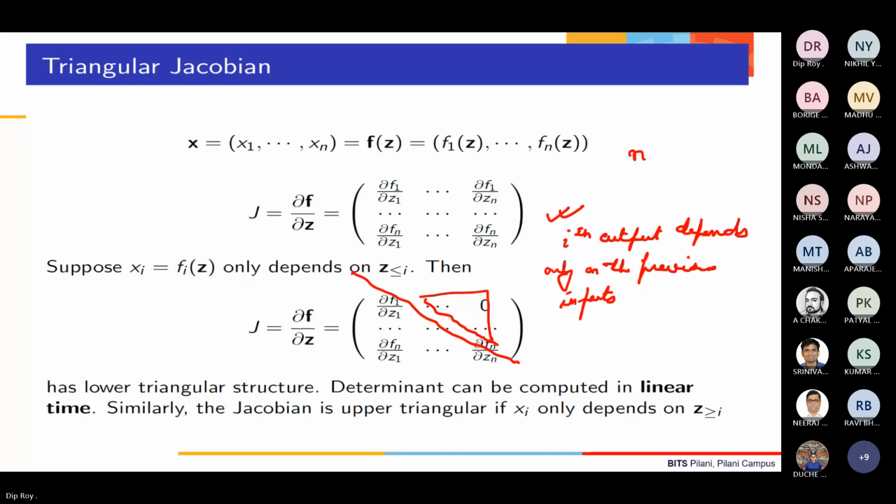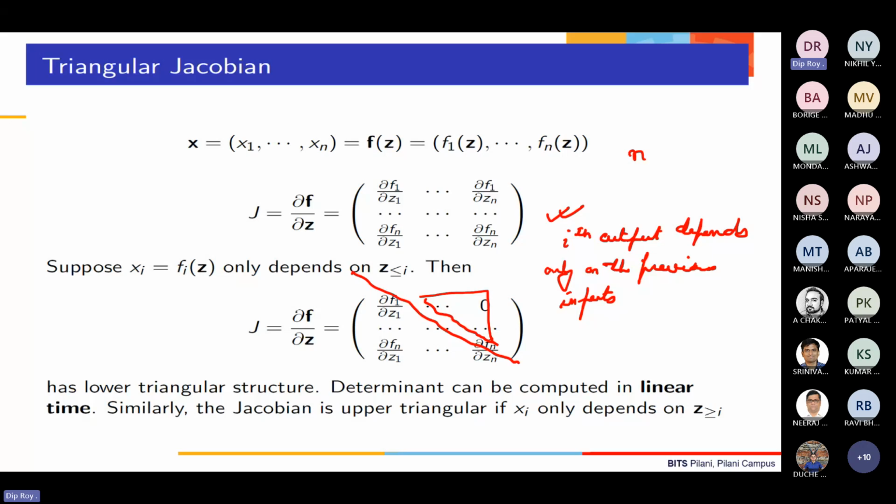If we make this lower triangular, or there is also research on upper triangular matrices, where you can make subsequent outputs dependent on the current one. Now the question is, what do we achieve by this? What we achieve is that the determinant can be computed simply by multiplying the diagonal entries of the Jacobian. Now how can we do it, and how do we achieve it?